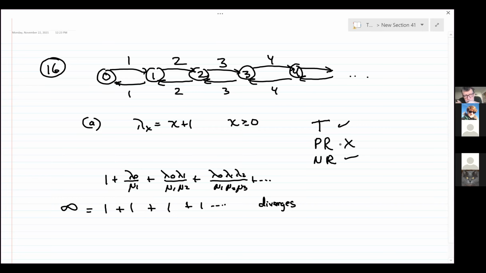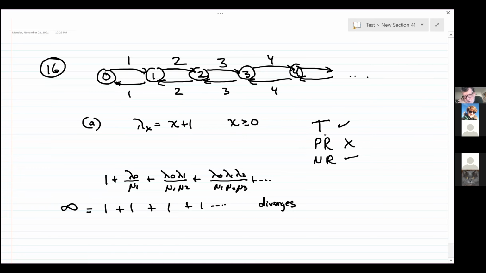What do I think? I think it's probably transient. Because the rate going up, well, let me think about it. Rate going up is the same as rate going down. So maybe that's like flipping a coin. So I'm not sure. I think it probably is null recurrent, but it doesn't matter as far as having a stationary distribution, it doesn't have it.